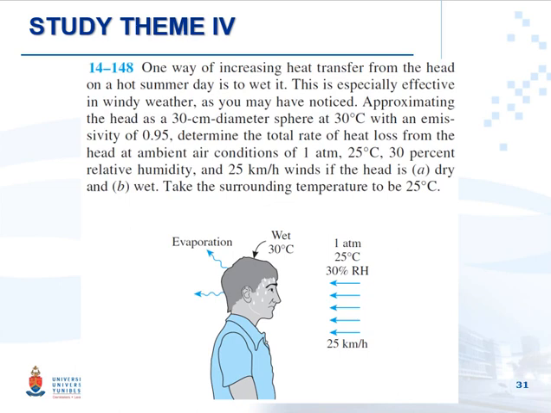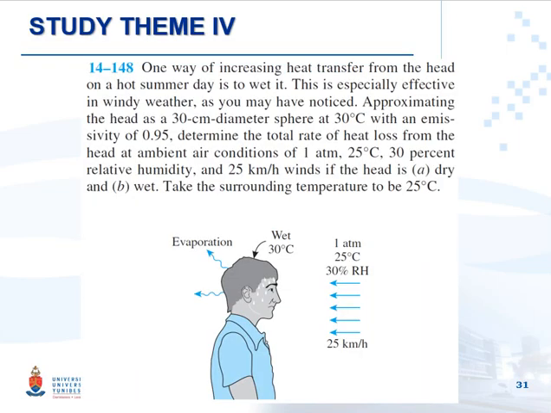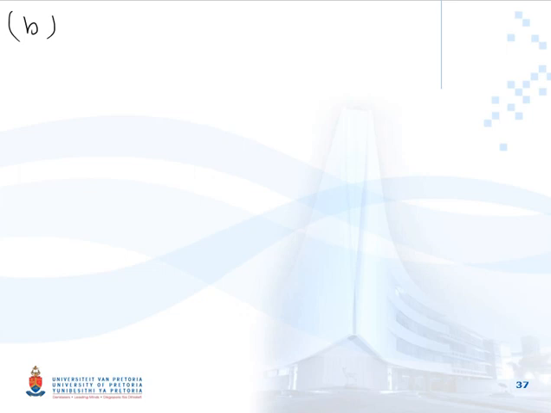But now for section B, let's go and check it one more time. It's saying to determine the total rate of heat loss when the head is wet. So now, when it's wet, of course we are talking about mass convection as well.